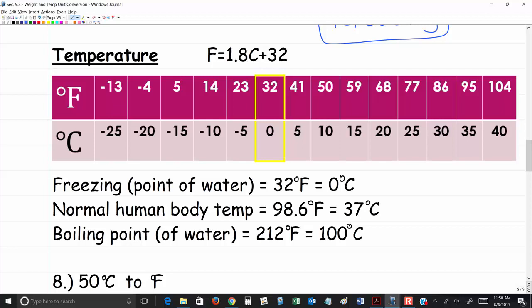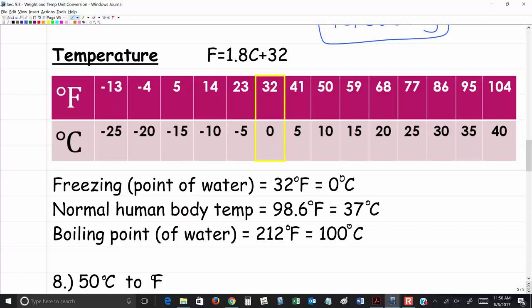So that's where they get 9 over 5, or in other words, 1.8 in the formula. Body temperature is 98.6 Fahrenheit, the same as 37 Celsius. Boiling point of water is 212 Fahrenheit, the same as 100 Celsius. So just some points of reference for you. You don't have to memorize it.